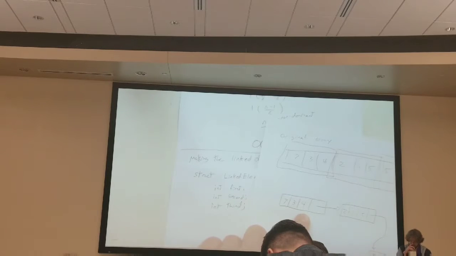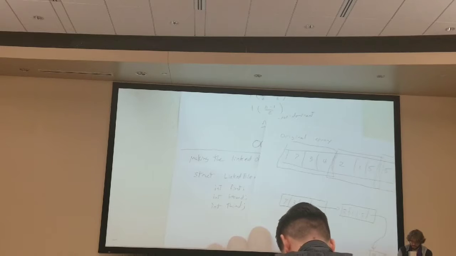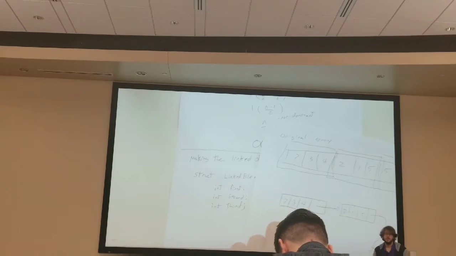Now what I need to do in my data structure is have some way of referring to myself somewhere else. I need to store a pointer to myself, or a data structure that's similar to me.